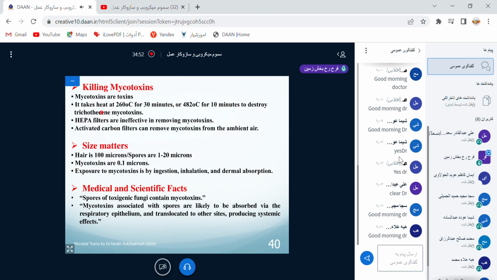One of the best filters is the HEPA filter. But HEPA filters are ineffective. They are useless in removing mycotoxins because mycotoxins are too small to be filtered by HEPA.